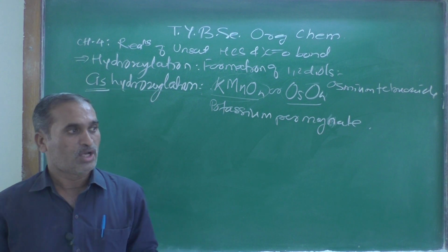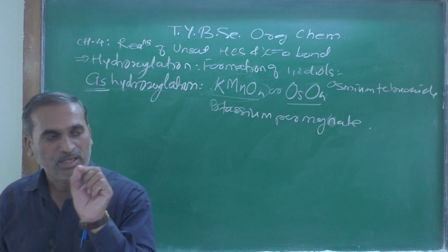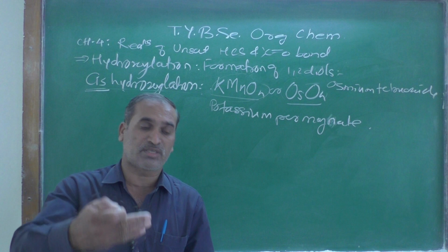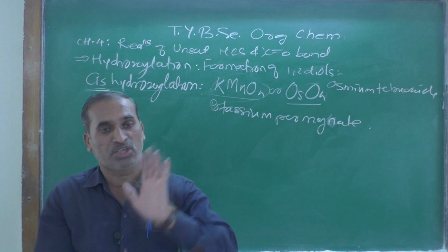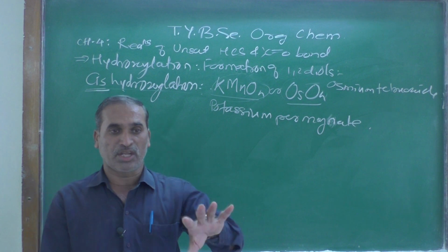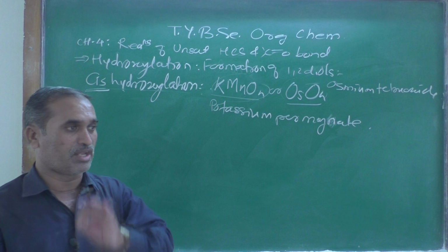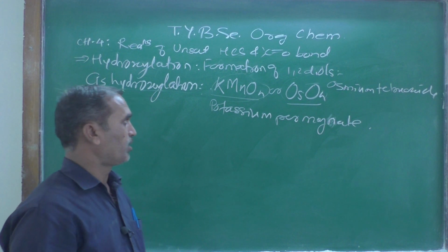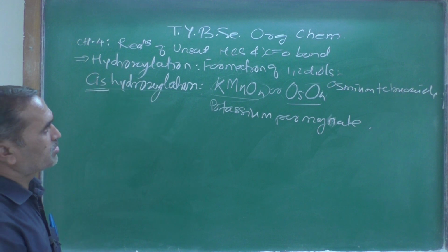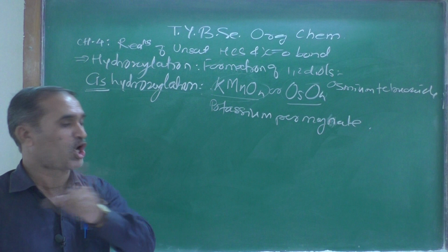Oxygen has atomic number 8, but its mass number can be 16, 17 or 18, and generally it is 18. This isotope is used for studying the stereochemistry, whether they come from the same side or not.